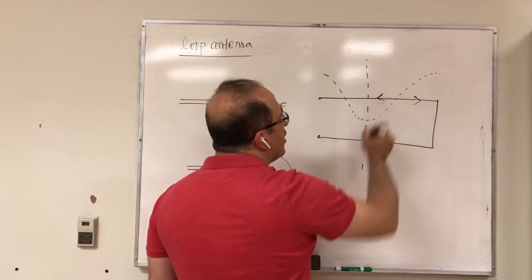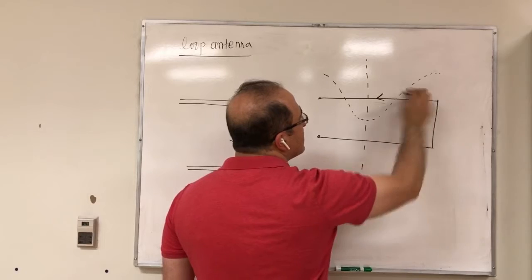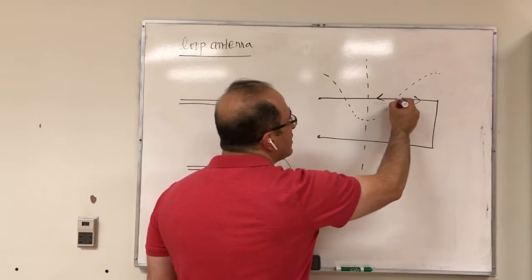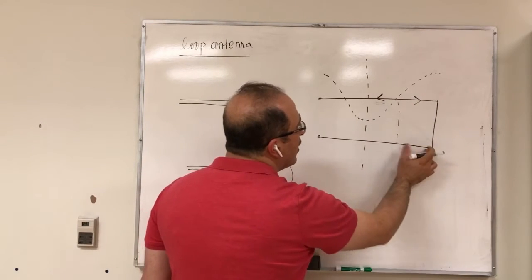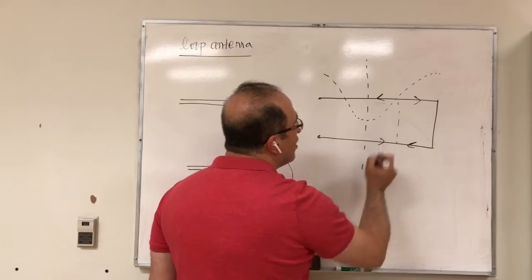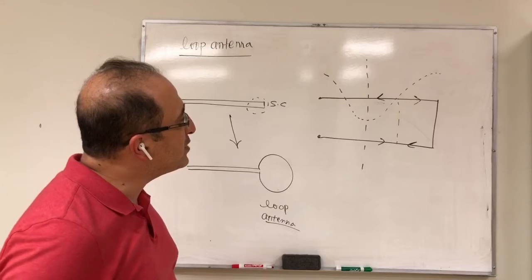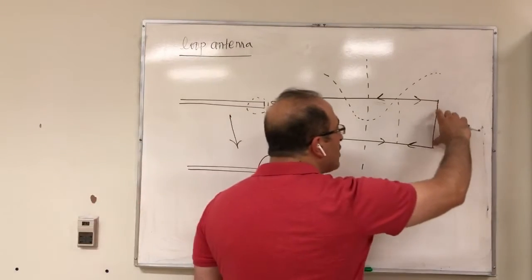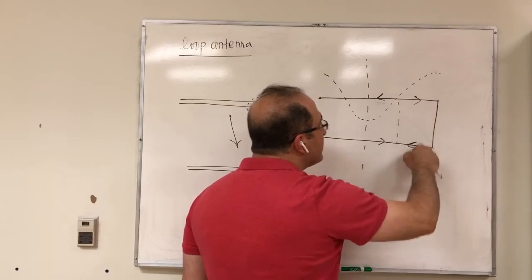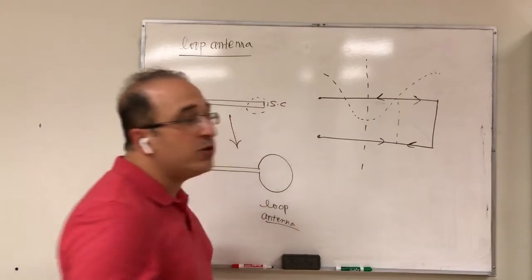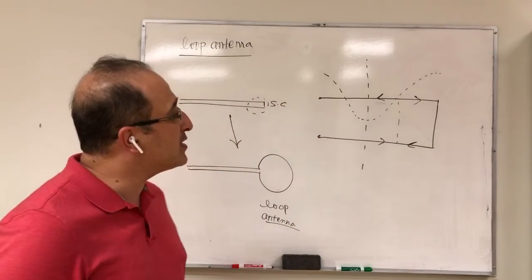This one would be in opposite direction. So this one is in this direction, this one in the opposite direction. And then on the bottom one, we have exactly the opposite. So this is going to be the current distribution of my transmission line. Because they are so close to each other, this cancels this, this cancels this. And then you get no radiation from your transmission line.